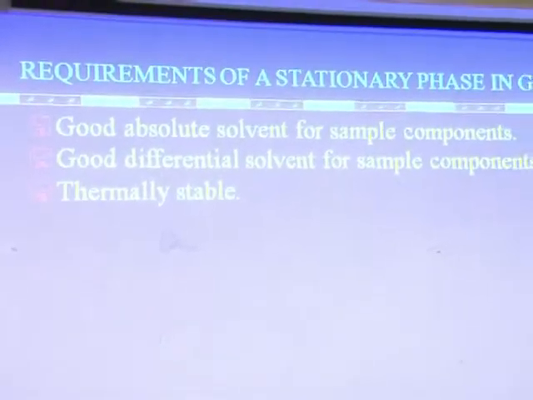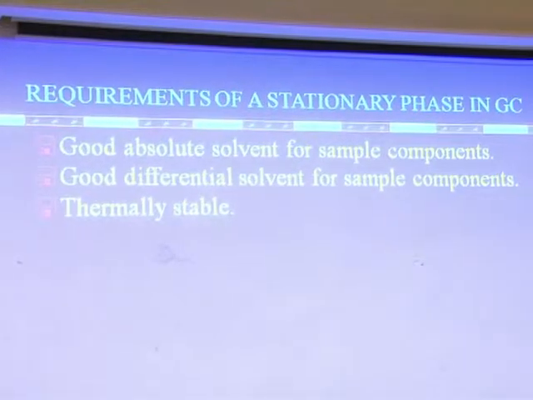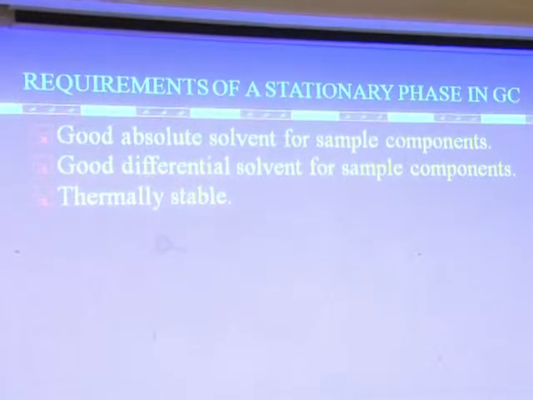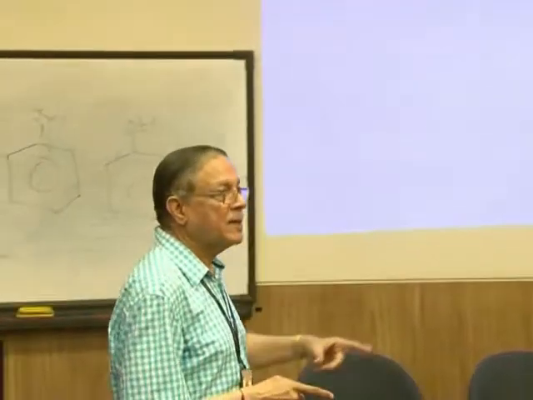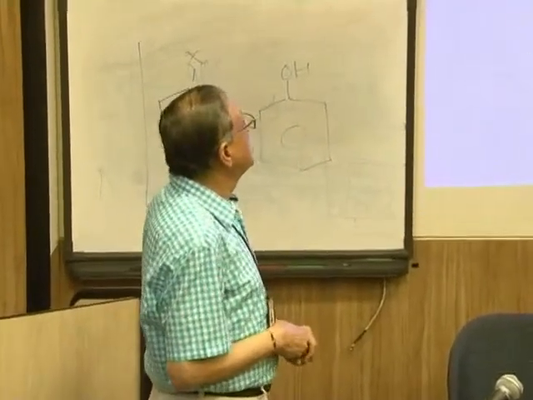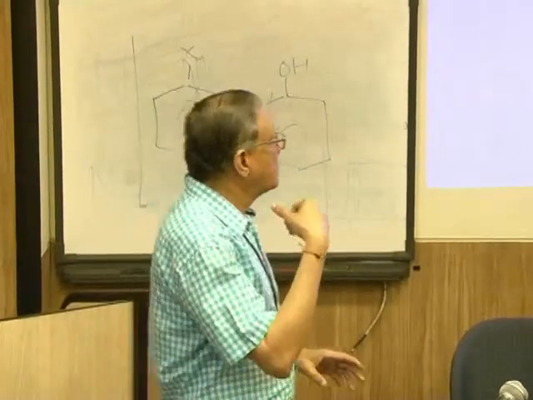So one of the conditions in choosing is to first find out what is the nature of the solutes. If it is non-polar, then you choose a liquid phase which is non-polar, because in that phase only it will act as a good solvent for all the sample components. Then that particular solvent must also show differences in solubility for the solutes present in the sample.